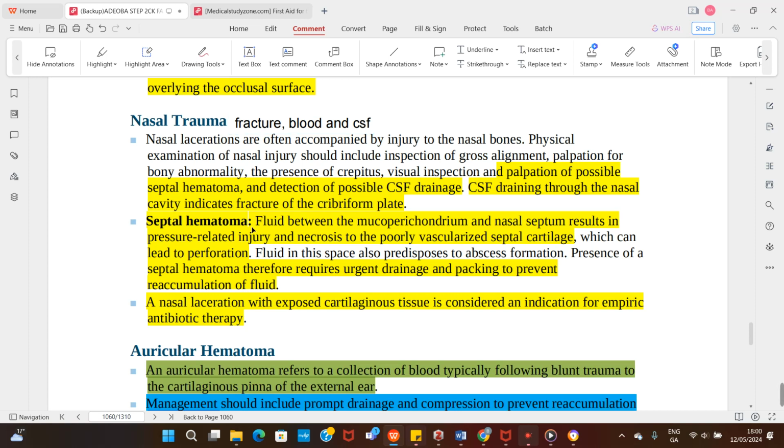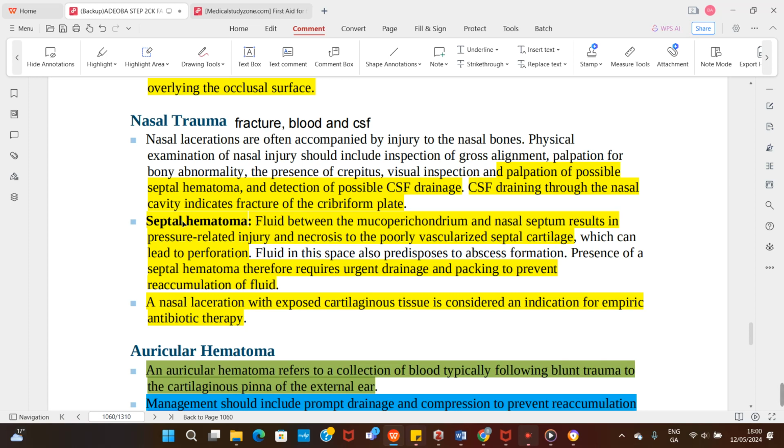So septal hematoma is one important consequence that we must always remember. This occurs when there is accumulation of fluid between the septum of the nose and the overlying perichondrium. Don't forget, like I said, the septum contains cartilage, right? And there's an overlying dense connective tissue, which is called the perichondrium.